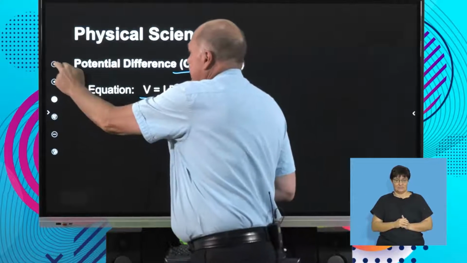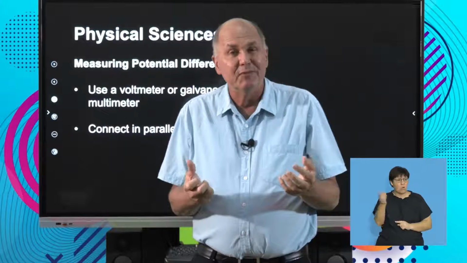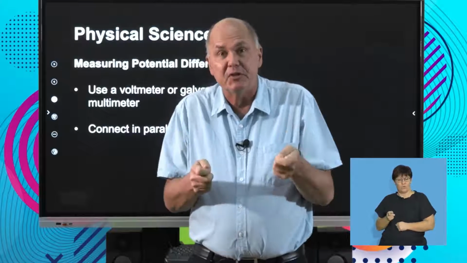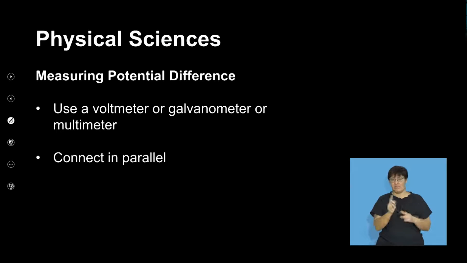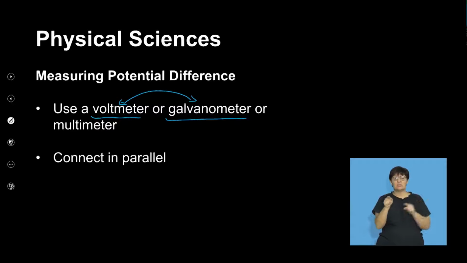Right. Now, how do we measure potential difference? This is really important because it's all very well knowing the terms, but we want to actually measure it. There are different instruments that we use to measure potential difference. It's something called a voltmeter. A new instrument that we're going to come across is called a galvanometer. The difference between the voltmeter and the galvanometer is simply where you put the zero.